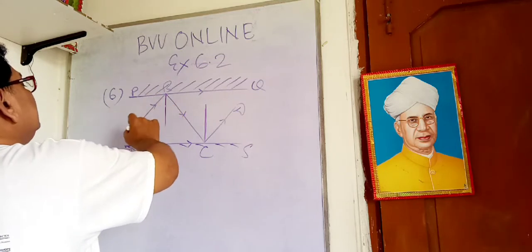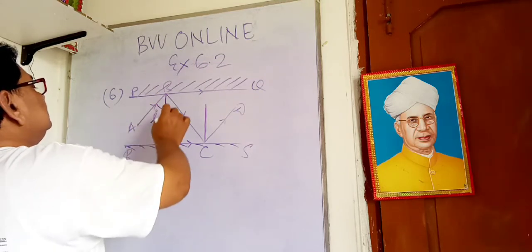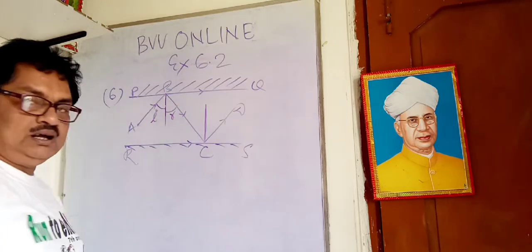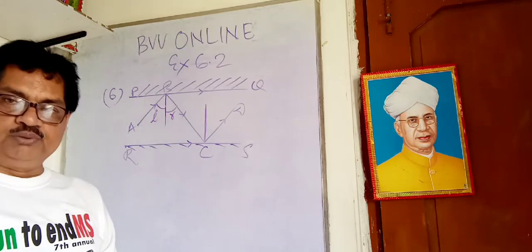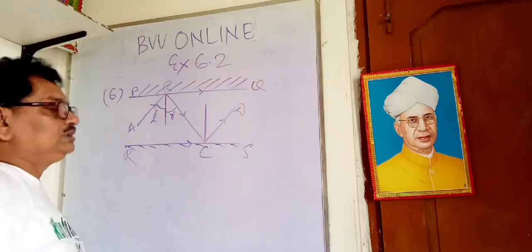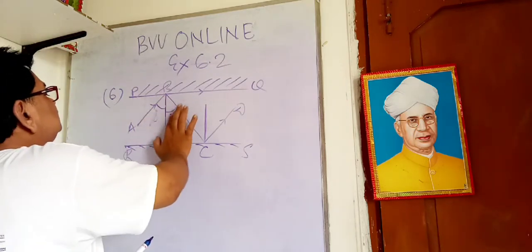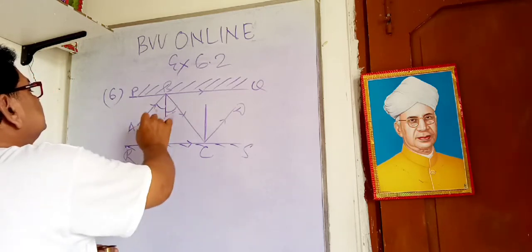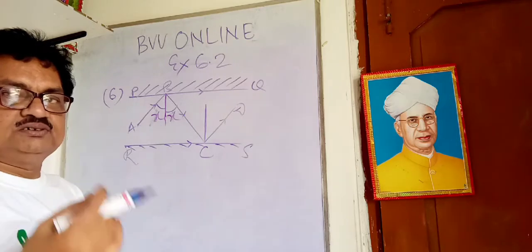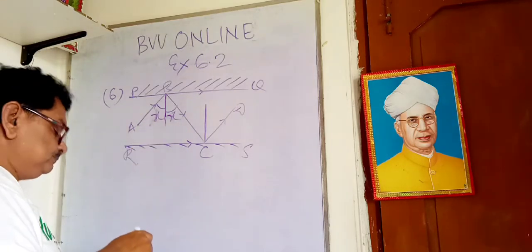So the normal and the incident ray make the angle of incidence, and there will be the angle of reflection, I and R. And by the rules of physics, the angle of incidence should be equal to the angle of reflection. So we just write x and x here. Just think that this is I, this is R, that's why they are equal.